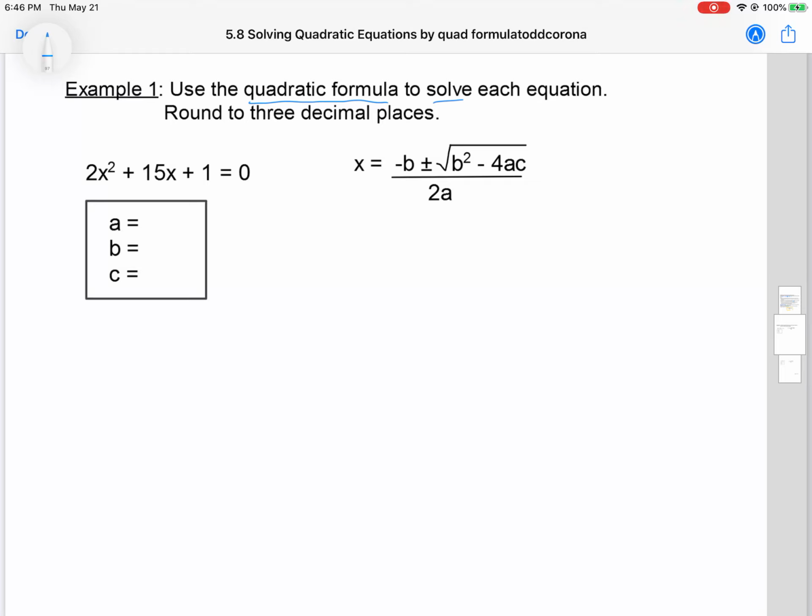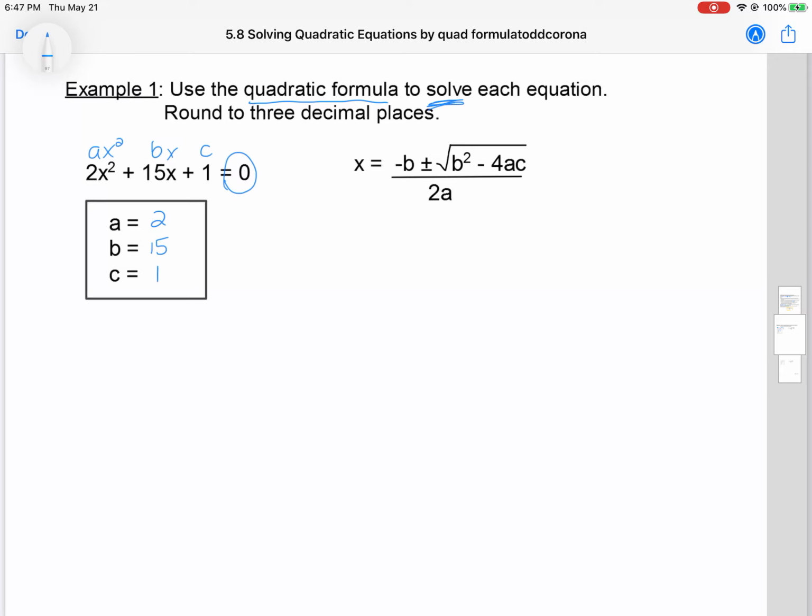So here's the quadratic formula. One thing that can be helpful if you forget what standard form is, it is in alphabetical order, right? So A is 2, this is the A value. B is next, is 15. And C is the number because it's last. And you're always going to see the equal to 0, and that's the same whether it's factorable or not.